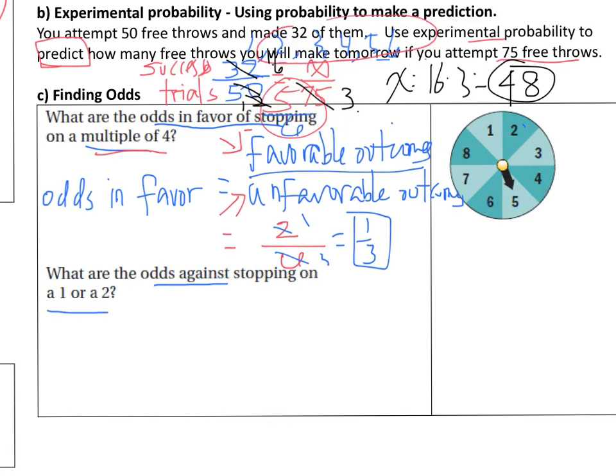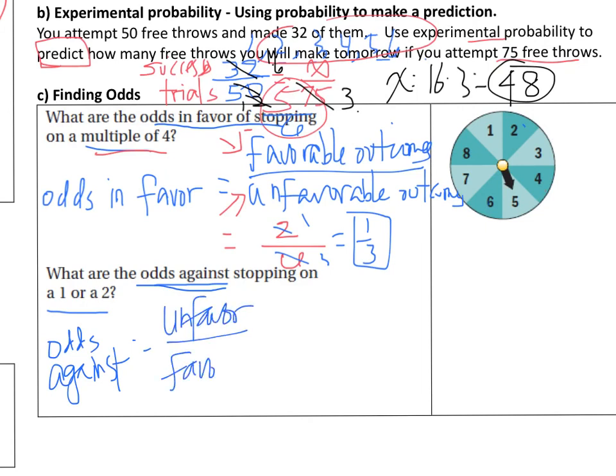Let's take a look at the second question. What are the odds against stopping on a 1 or 2? So odds against, remember, is equal to the number of unfavorable outcomes over the number of favorable outcomes. I am in favor of stopping on 1 or 2, so there are 2 possibilities.